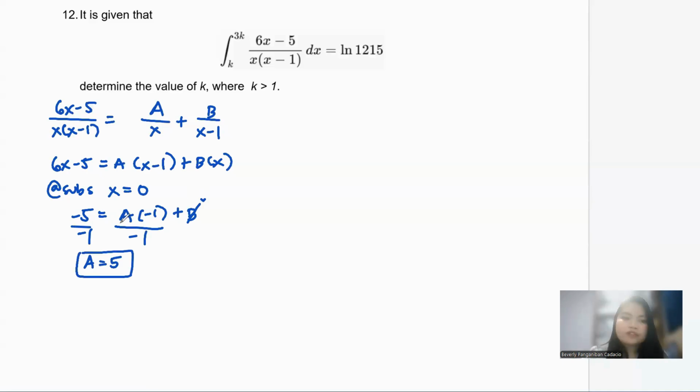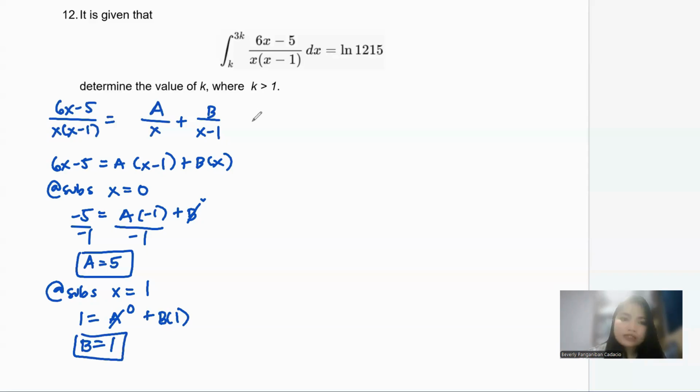Now let's go with substitution of the other one, which is x is equal to 1. So I will have 6x minus 5, so that will be 6 minus 5, so 1 on the left side, and then the a will be eliminated here, and the b will be multiplied by 1, which means divide both sides by 1, b is equal to 1.